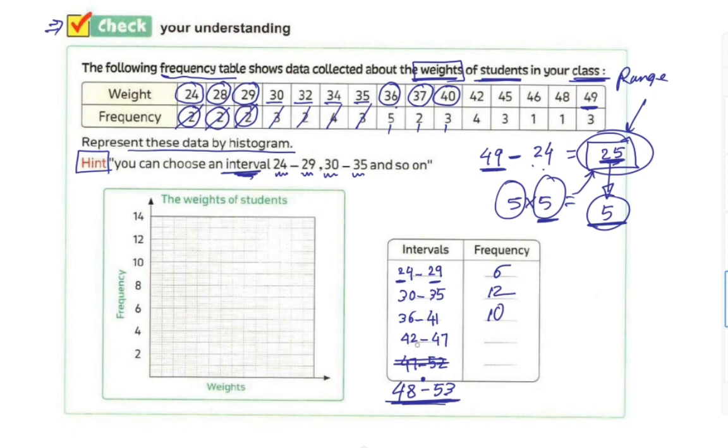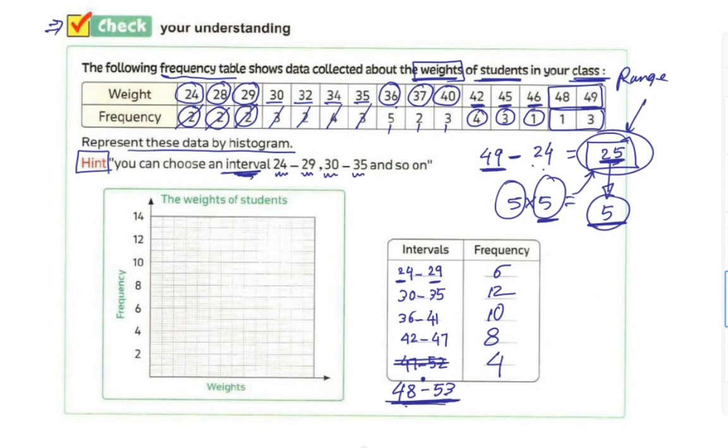Next interval 42 to 47, and stop because 48 is the next interval: 4 plus 3 equals 7, plus 1 equals 8. Last interval we have just two numbers, and the frequency here is 4.